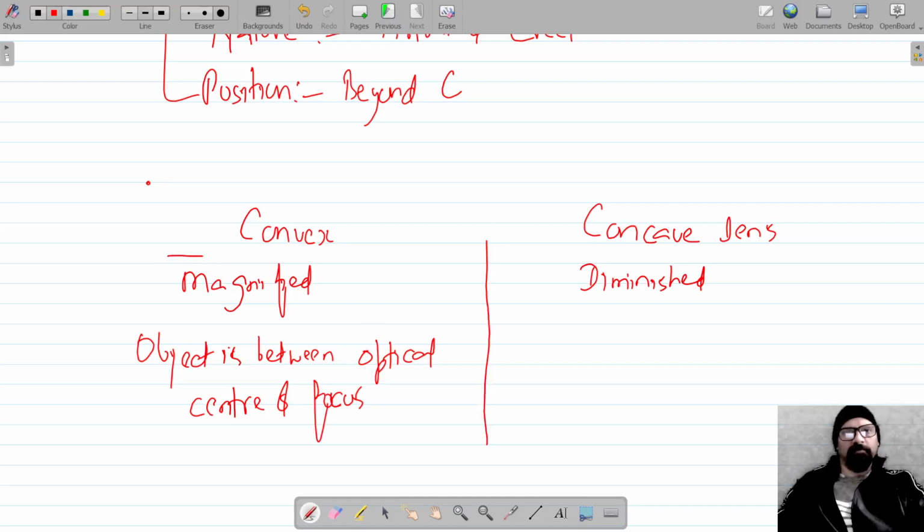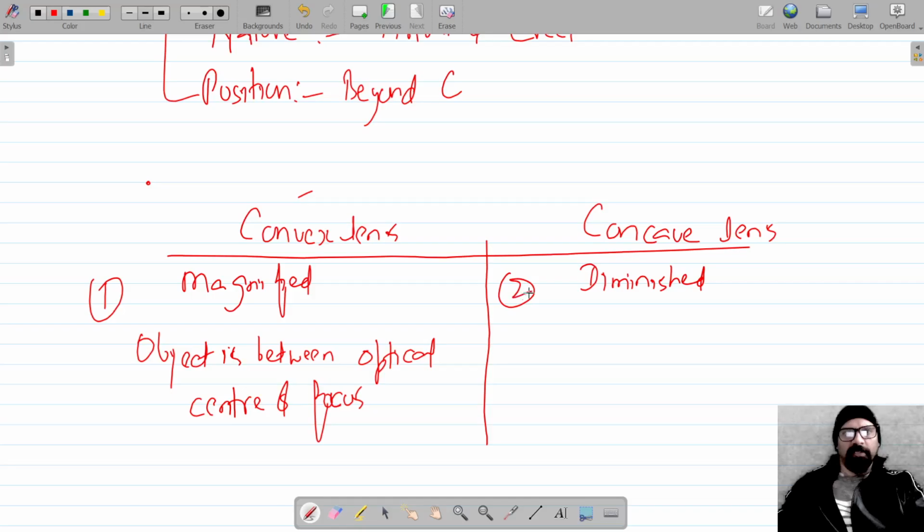So that's the difference. This is the convex lens and this is the concave lens. In this case the image is magnified, and here it is diminished. Here the object is between the optical center and focus, and here the object is anywhere between the optical center and infinity.